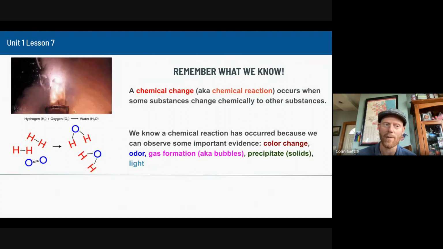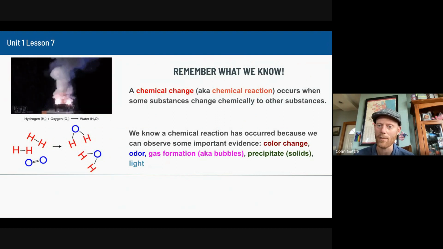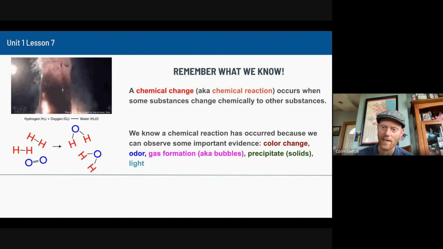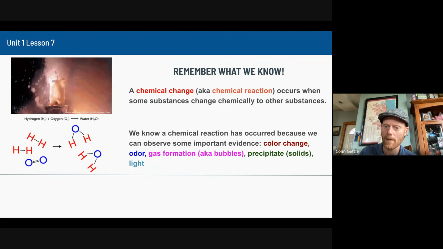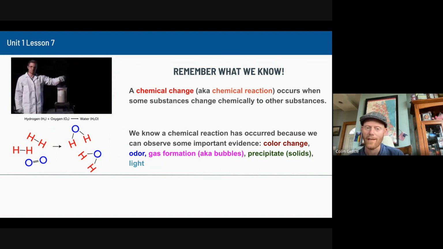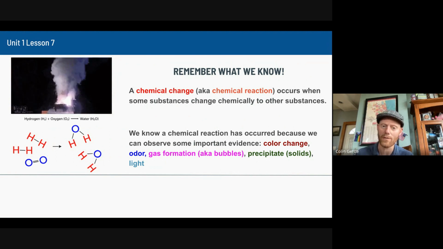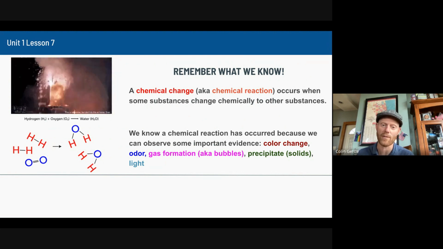Some things to remember as we get into our lesson today. A chemical change, we also know this as a chemical reaction, occurs when some substances change chemically to other substances. In other words, the molecules and atoms in one substance change or rearrange themselves in a way that they are totally different in the new substance.